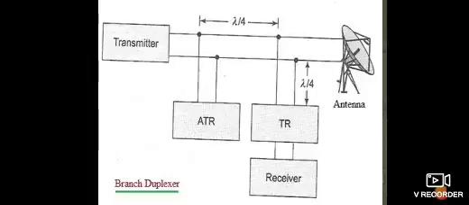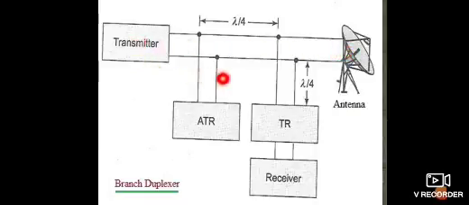That means there is a path here. If it is passing signals towards the antenna, this area is short circuited, so the area is closed in this part. If it is closed, there is a path only this way. That means the transmitter will transmit signals towards the antenna.